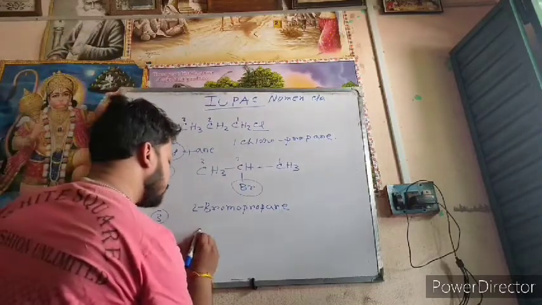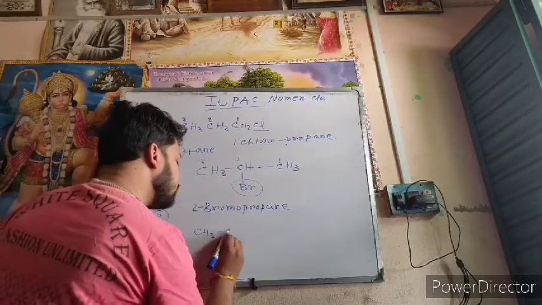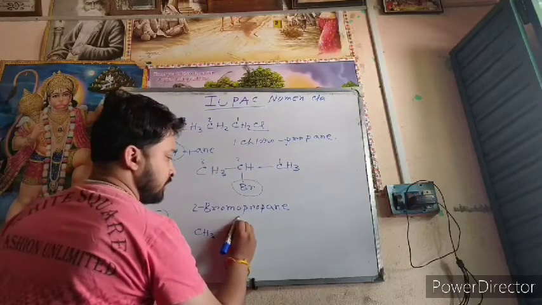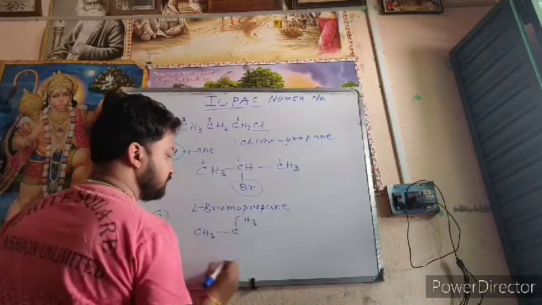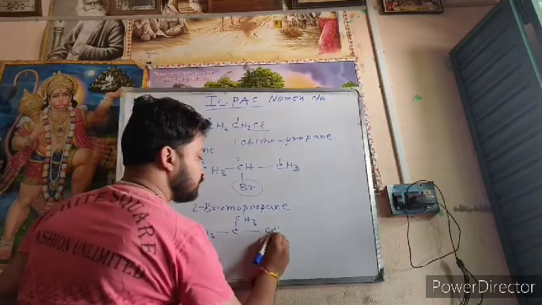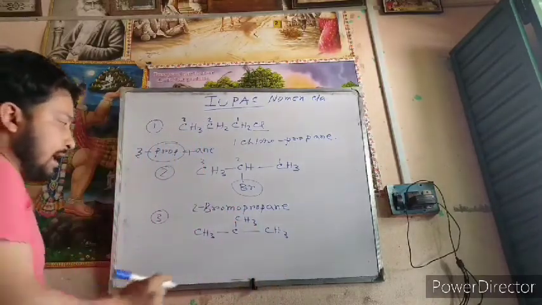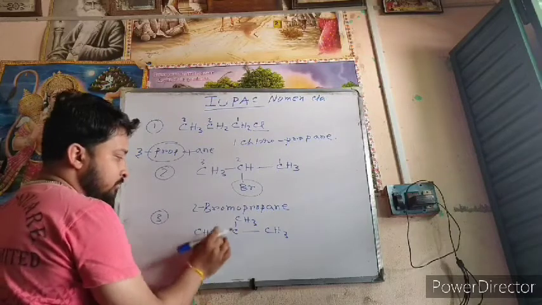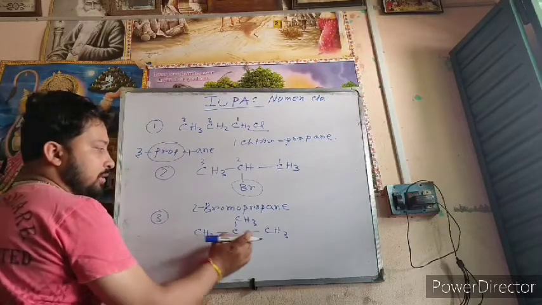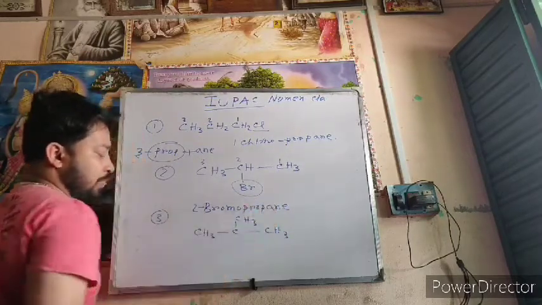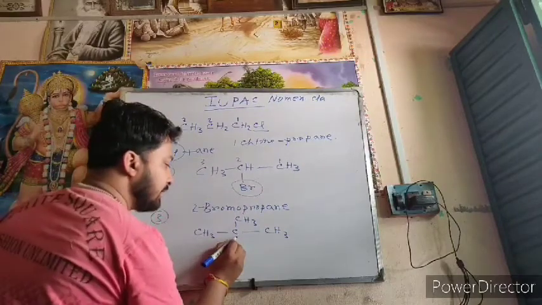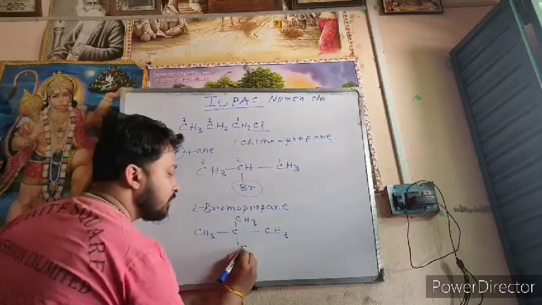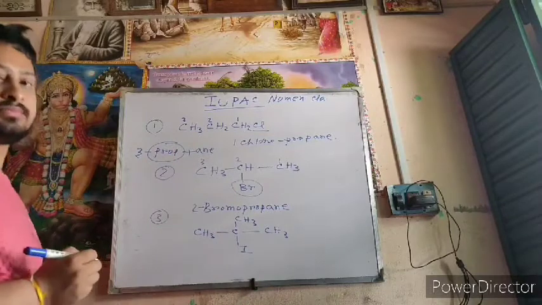Third one is CH3, C, CH3, CH3. Of the center carbon's hands, one contains a methyl group, another also, and the rest hand has one iodine group.